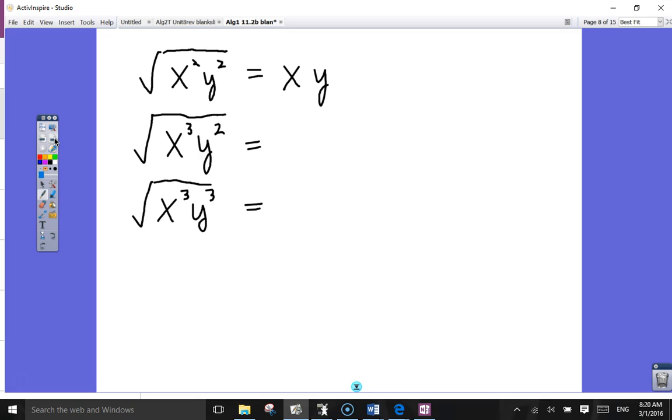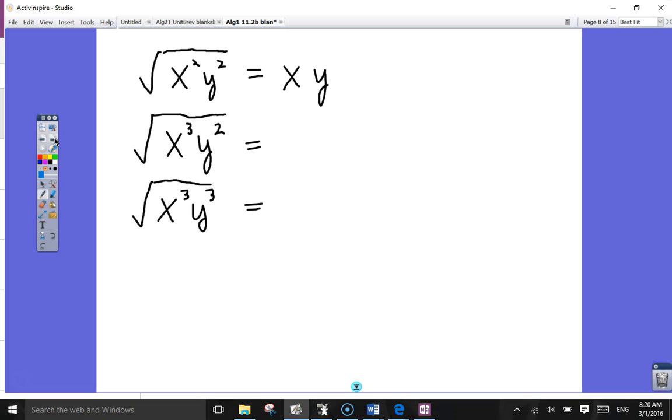Do I need to, this square root of x to the third y squared, am I going to be able to simplify this and take everything outside the radical? Trinity? Yeah, x to the third isn't all going to come out, right? I got to split that one up. The y squared is good because it's an even exponent, but the x to the third, I got to do something about.